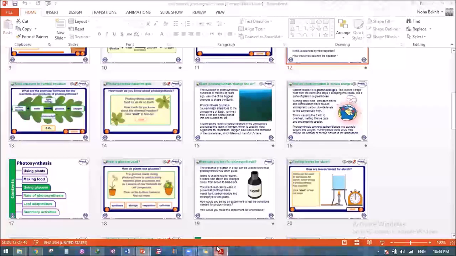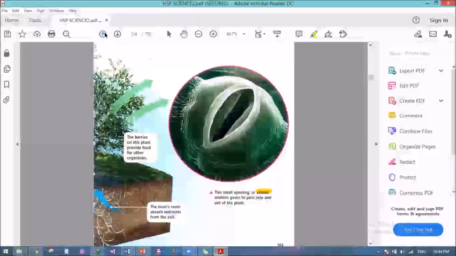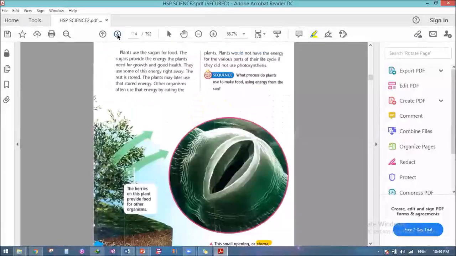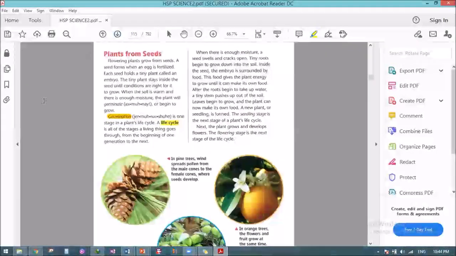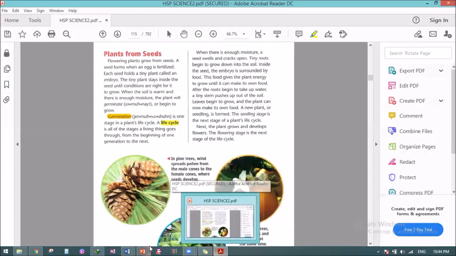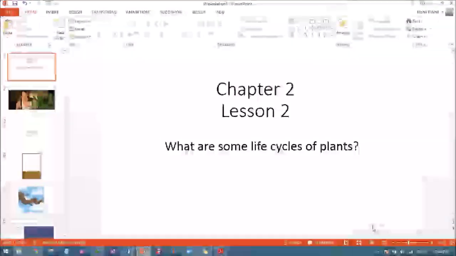So guys, now you learned about photosynthesis, which is the process by which plants make their own food. Then we'll move to the next part of this lesson, which is plants from seed. How do plants grow? What is the life cycle of plants? What do we mean by life cycle?